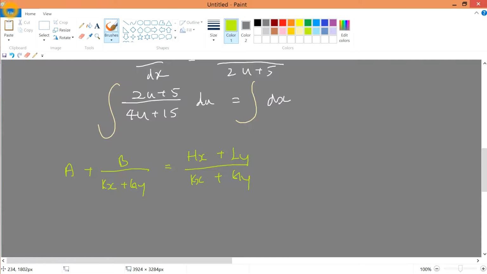Although these alphabets may be intimidating, just take a look. hx is just some coefficient of x. l is some coefficient of y, and then these are all the remainders. So what we can do is solve by multiplying the whole equation by kx plus gy.